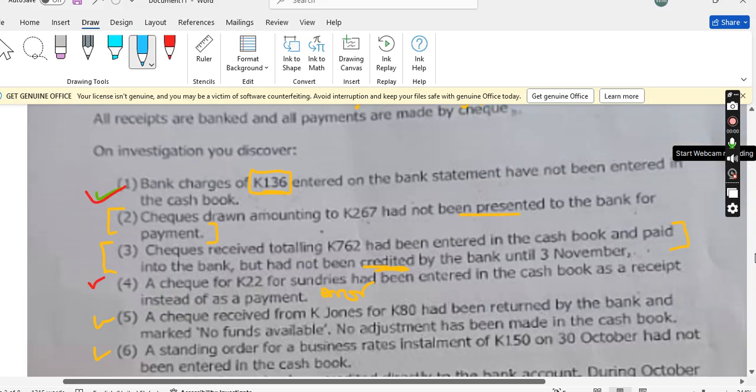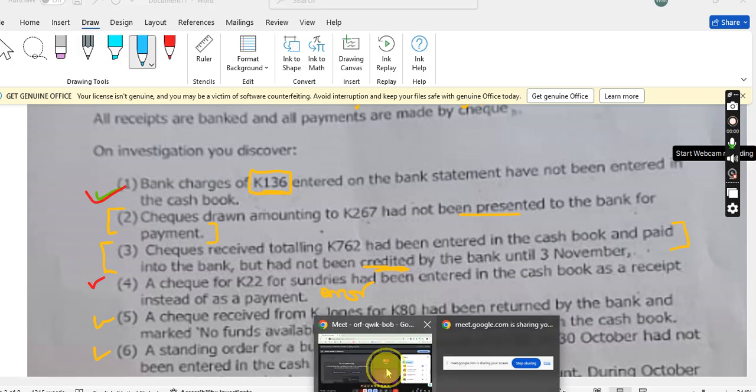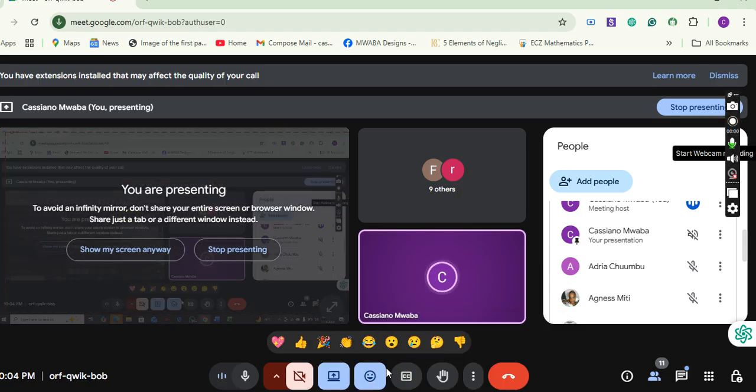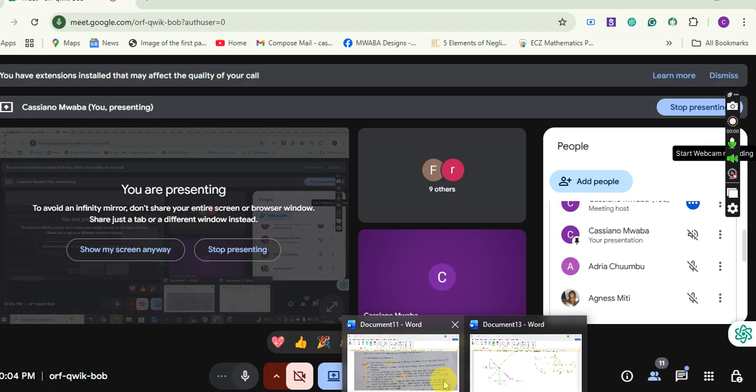So if you see an error where a payment was entered as a receipt or vice versa, just know you have to double the amount. That's how you can remember this. If you see an error where a payment has been entered as a receipt or a receipt has been entered as a payment, just double the amount and you've cleared that error.